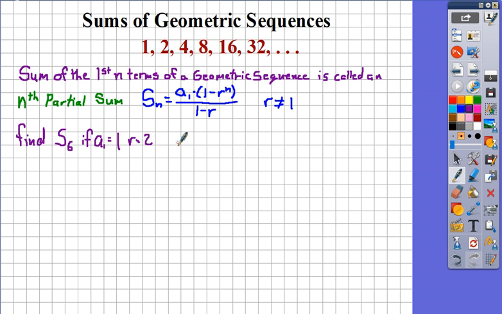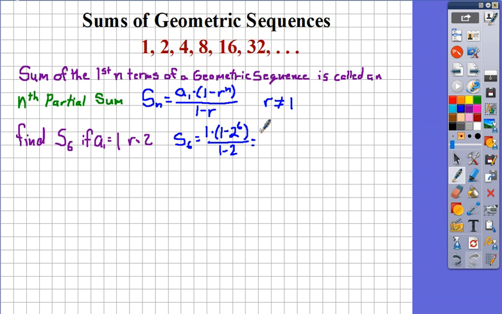So as we plug this in, here's what we're going to get. The sum of the first 6 is equal to the first term 1 times 1 minus the common ratio of 2 to the n power, the 6th power, all of that divided by 1 minus the common ratio of 2.